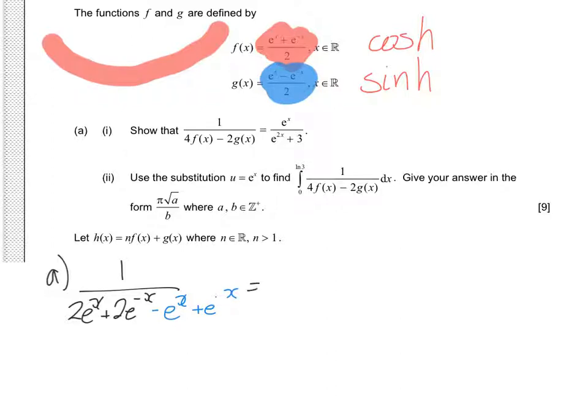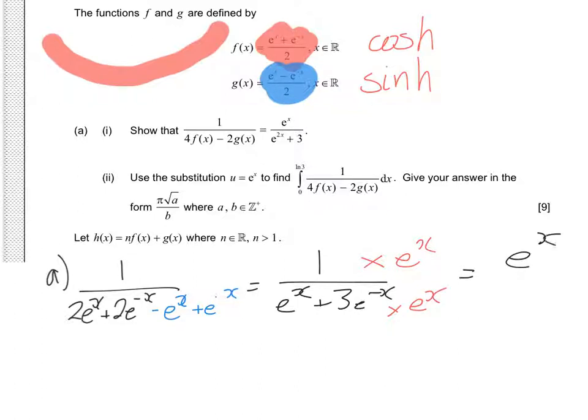With a bit of simplifying, that becomes 1 over e to the x plus 3e to the minus x, and then just times it top and bottom by e to the x, to give you e to the x over e to the 2x plus 3.